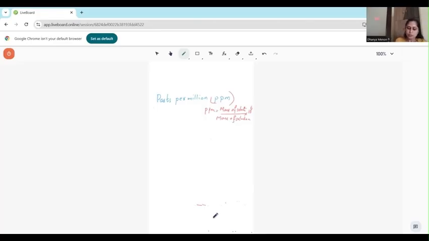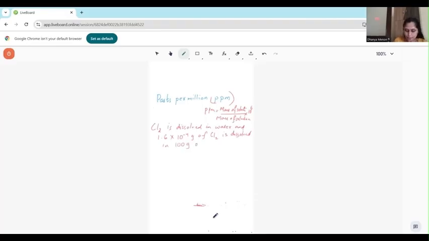Okay, students, I have written down the formula over here. Let's do a question based on this. Chlorine is dissolved in water, and 1.6 times 10 raised to minus 4 grams of chlorine is dissolved in 100 grams of solution.